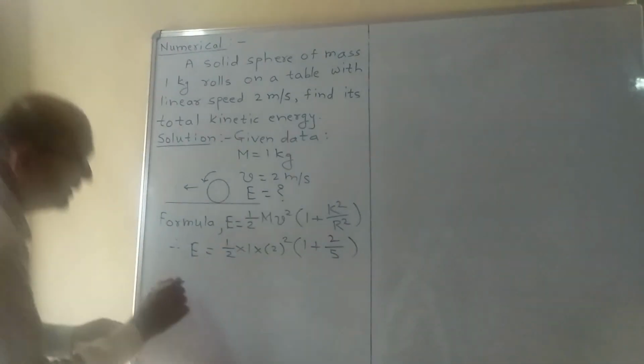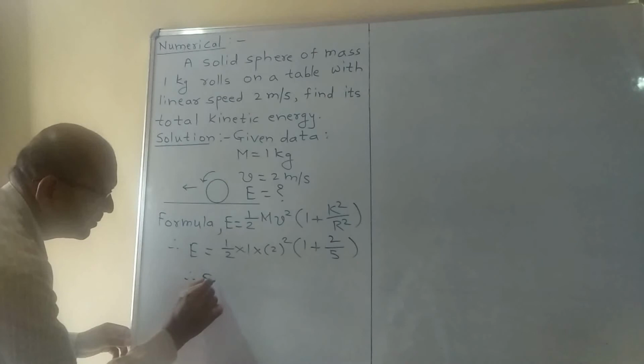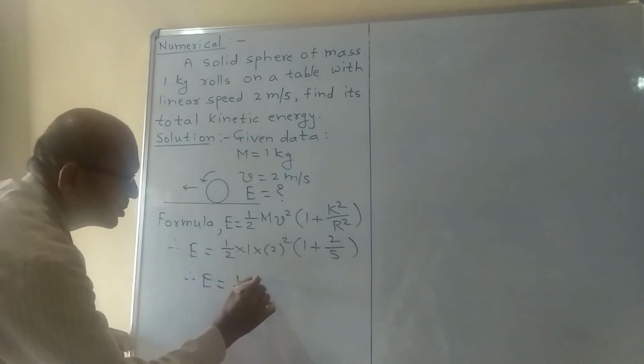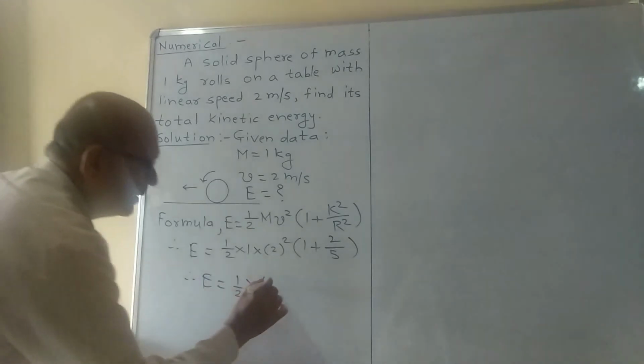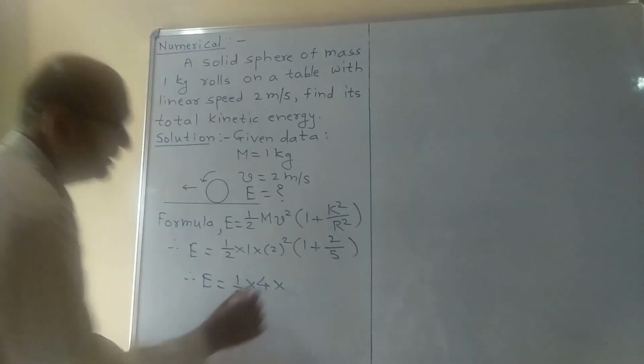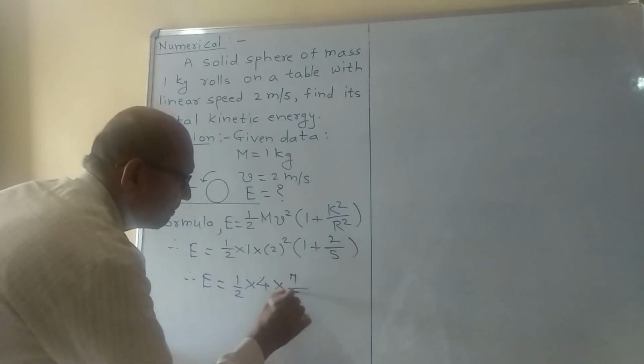Bracket complete. Therefore, E equals 1 half into 2 square, that is 4, into, now this addition is 7 by 5.